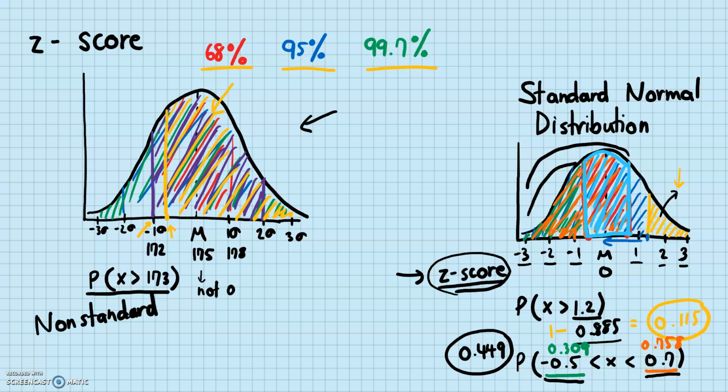So to find the z-score of a non-standard normal distribution, you'll have to do x minus the mean divided by the standard deviation. Okay, so in the case of this 173, you put that in for x, minus the mean is 175, divided by the standard deviation is 3.